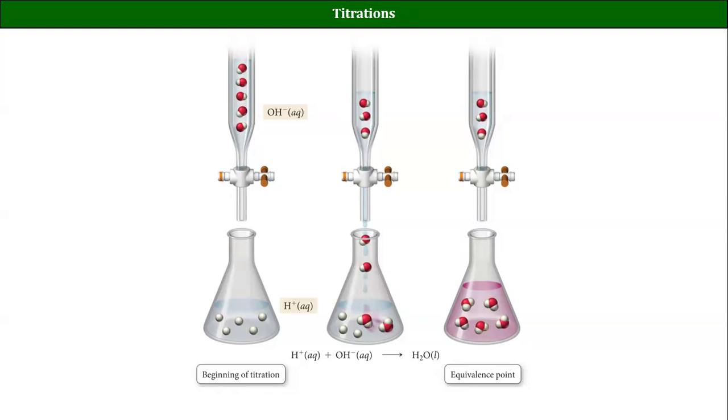So all we have to do is use our known concentration and our measured volume that we added to get to moles here. Right, so 23.45 milliliters, every 1,000 milliliters is 1 liter, and 1 liter is 0.100 moles.